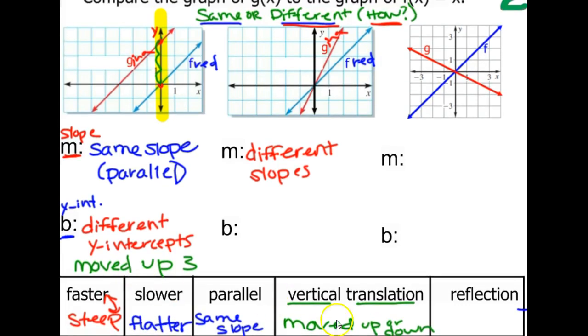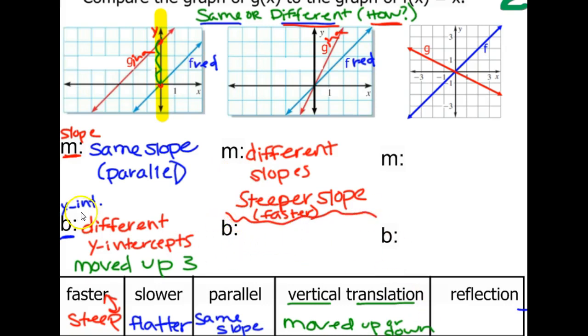But reminder, we're always comparing Gina to Fred. So Gina, that hill is a lot steeper. So the steeper slope, or you could have used the word faster, because you're going to go sledding down that hill faster than you would sled down Fred's hill. Okay? So that's our slope, M.